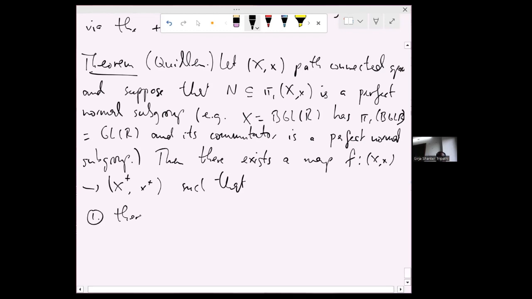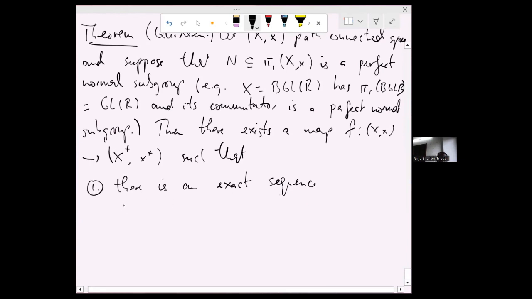there is an exact sequence. So it looks like we have our subgroup N, which is a subgroup in pi1 of X. And basically pi1 of X maps to pi1 of X plus through this F. It ends up mapping N into the kernel of pi1 F, so the induced map on pi1 through this F ends up killing N, and actually it's surjective.